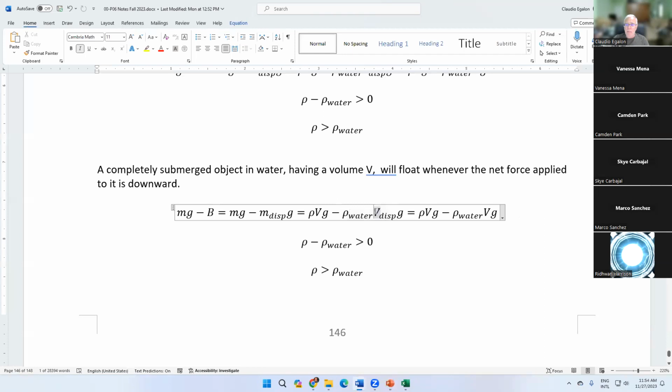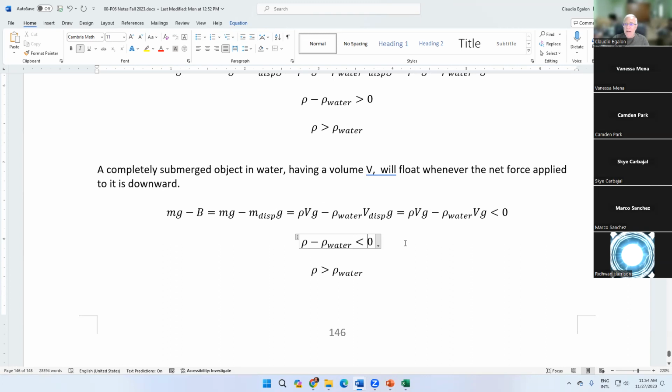The volume of the displaced water is equal to the volume of the object. And let's not forget, we have less than 0 here, so the sign must be exchanged. What we find is that the density of the object must be less than the density of water for it to float.